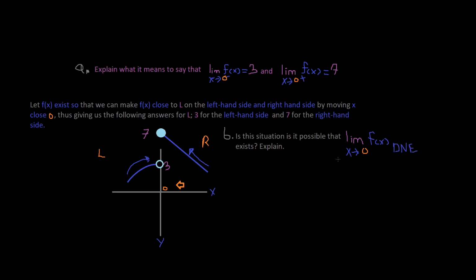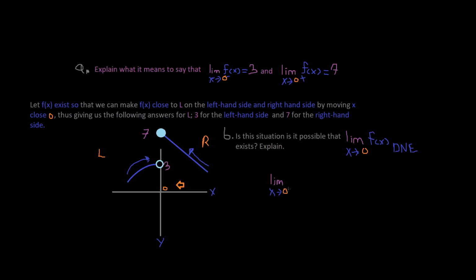The definition says that our limit from the left hand side has to meet up with the limit from the right hand side for the limit to exist. So I'm going to repeat that again. So the limit from the left hand side, I'll write it up here.